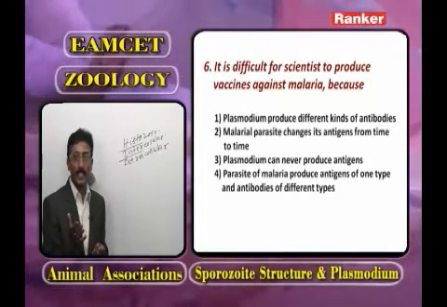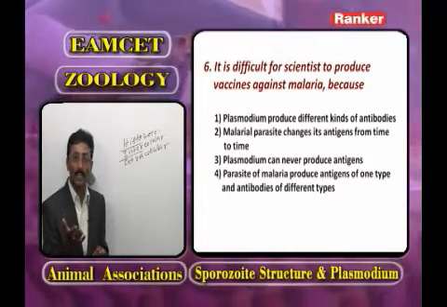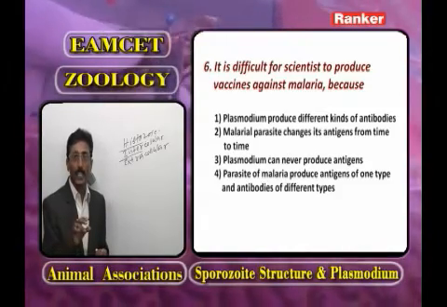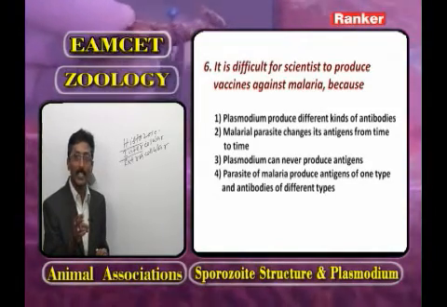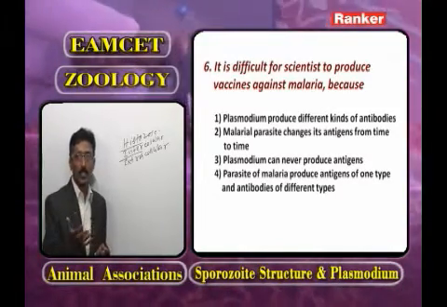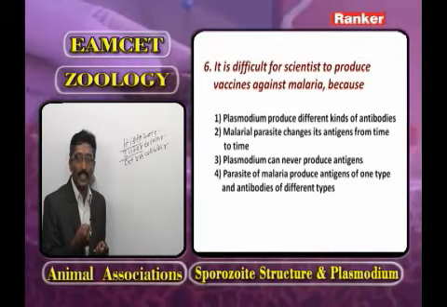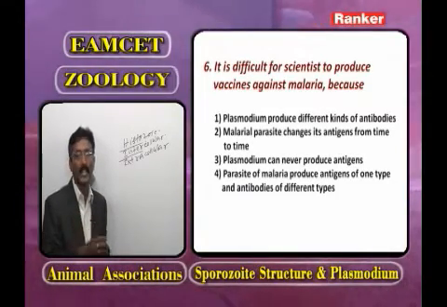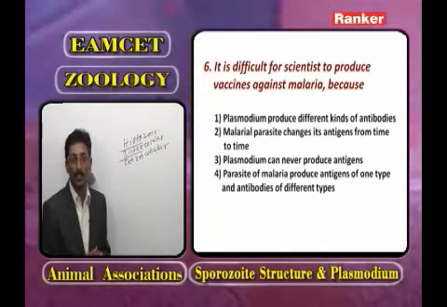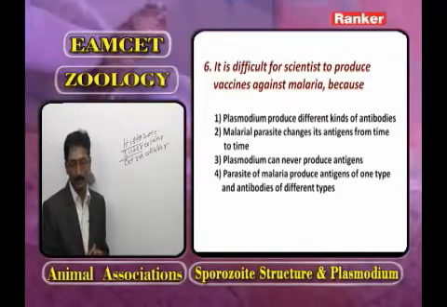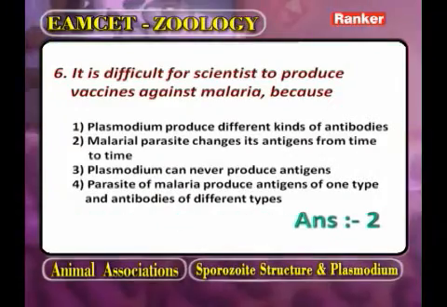What are the antigens? Schuffner's dots. What is their color? Red. From time to time the intensity of antigens varies, so it is difficult for us to prepare a correct antidote against malaria. So the correct answer for this question is the second one. Now we go for the next question.